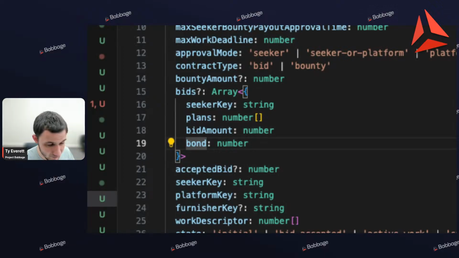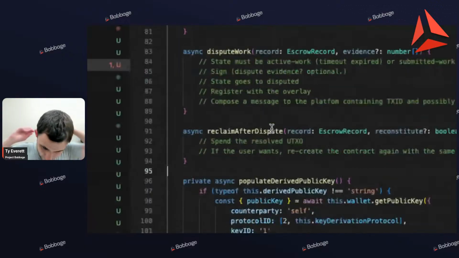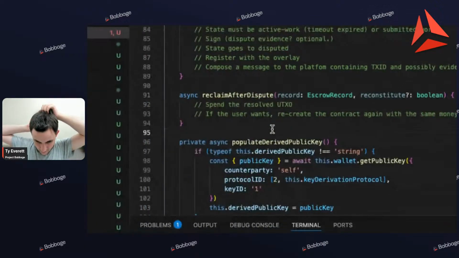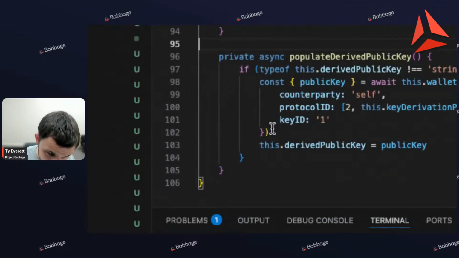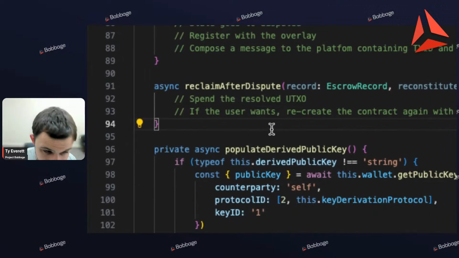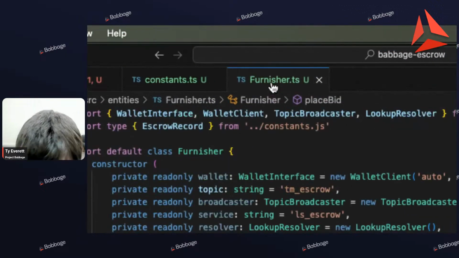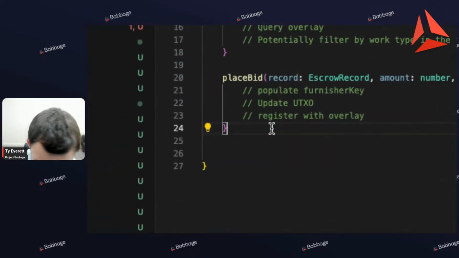And it could be something a little bit less, but yeah. Furnisher can now bid.